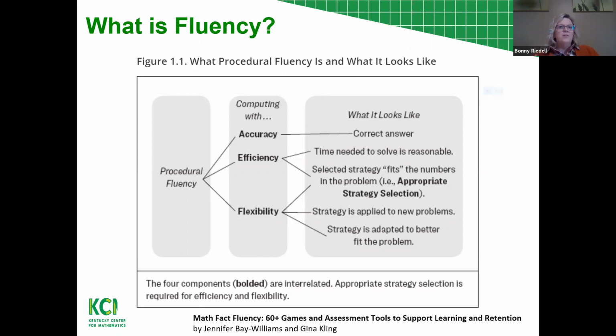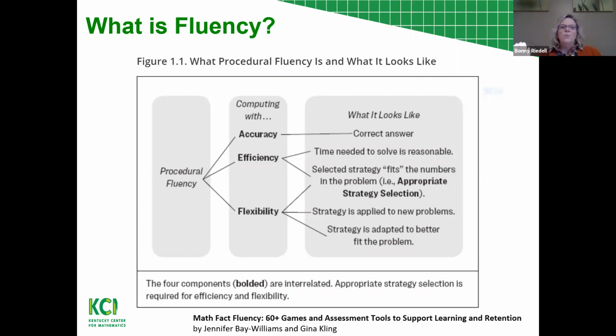And the part of fact fluency that timed tests and many of our curriculum materials don't assess is this next part, which is flexibility. And flexibility is the heart of being procedurally fluent. When a student is flexible, they have many avenues of thinking and tools in their belt to find the answers accurately and efficiently. They use strategies like doubles plus 1, make a 10, pretend a 10, and they apply those strategies across many problems.